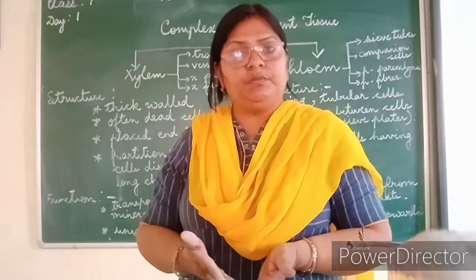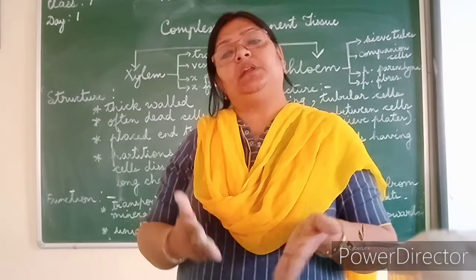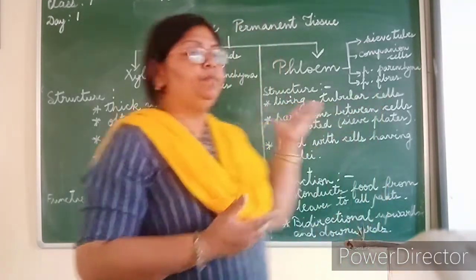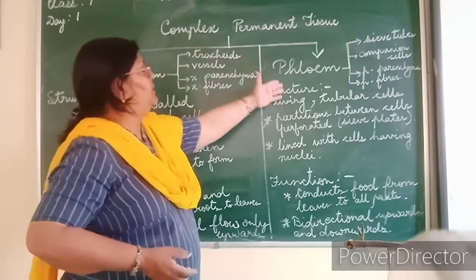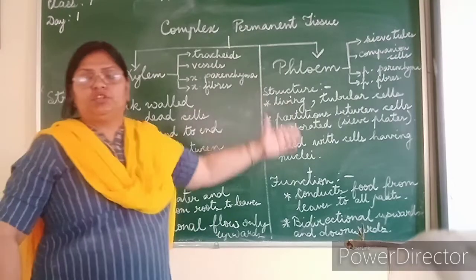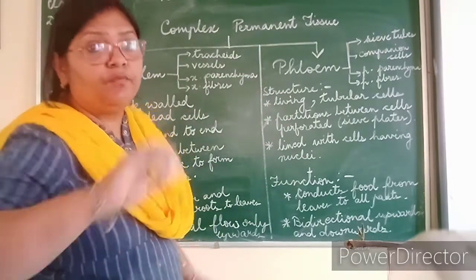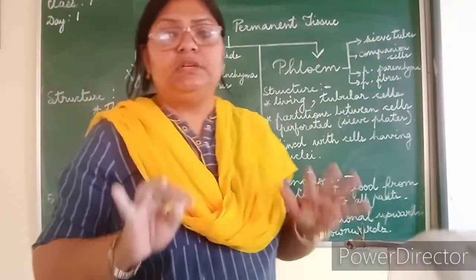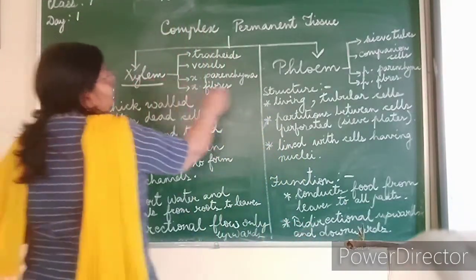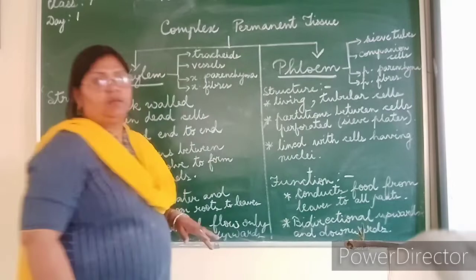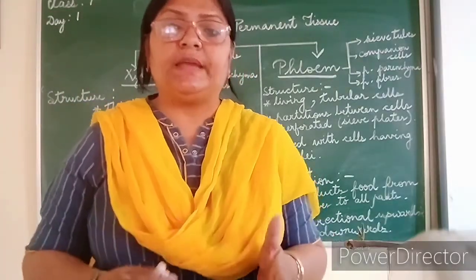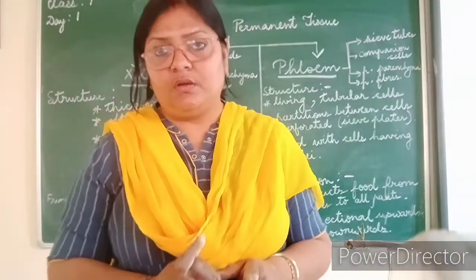In complex permanent tissue, the tissues are made up of different kinds of cells, for example xylem and phloem. These are the two types of complex permanent tissue, and they are made up of four kinds of different cells. Okay, so the xylem is made up of four kinds of different cells. Phloem is again made up of four kinds of different cells, all working together to perform one special function.